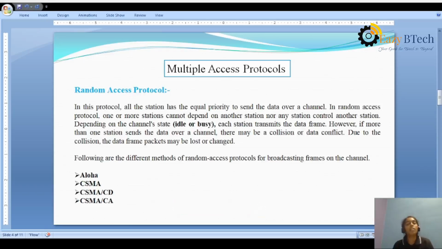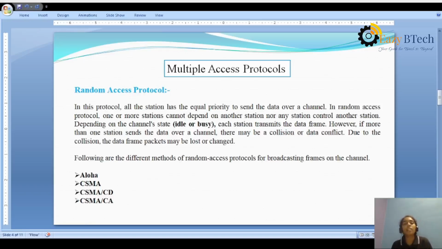Depending on the channel's state, each station transmits the data frame. Here one dedicated path is assigned to all the stations. When many stations communicate data simultaneously, two or more stations use that channel at the same time, and only then does the collision arise.